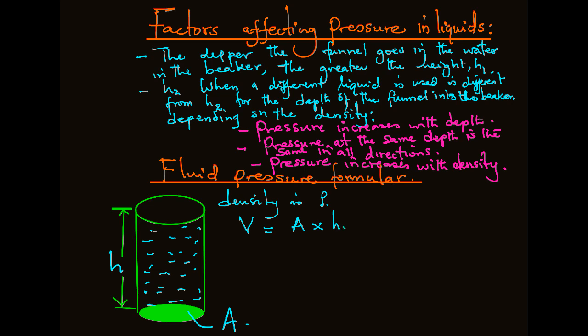The mass of the liquid is given by the volume multiplied by the density. So mass is V times rho. V is already A times h. So if we substitute this into this, we have A h multiplied by rho as the mass.